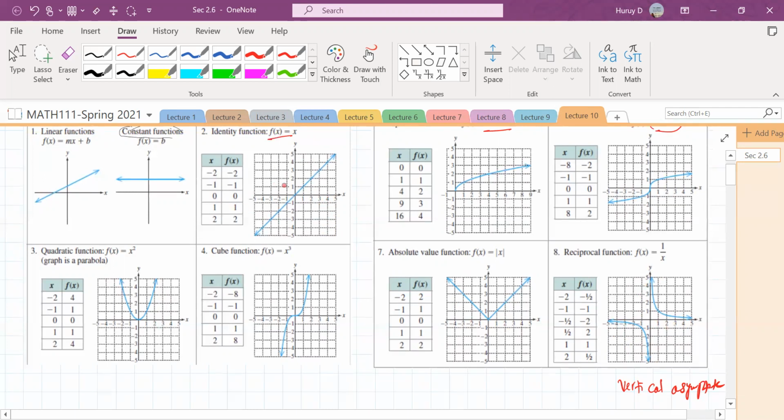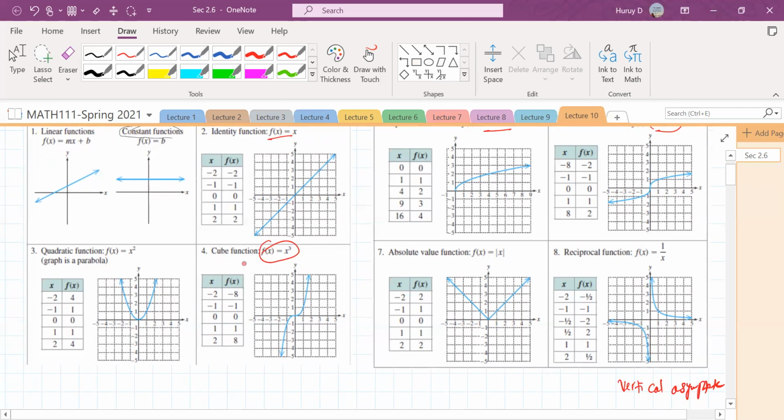Instead of always memorizing the graph when you are given a function, for example f of x equals x cubed, the best way is to graph it yourself. To graph it, we pick arbitrary values of x, in which we always pick the smaller values around 0 on the negative side and on the positive side.